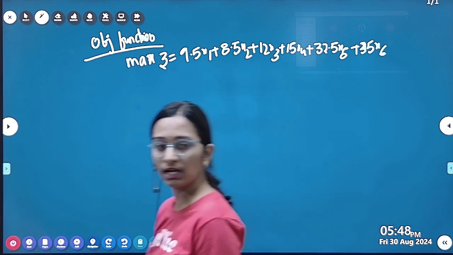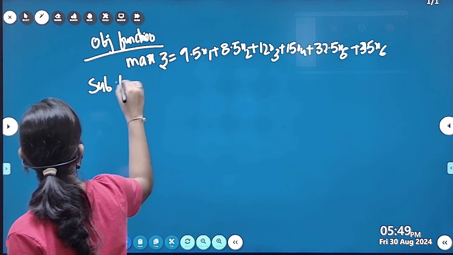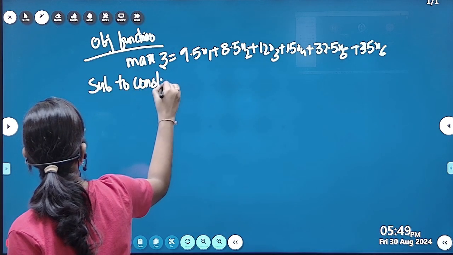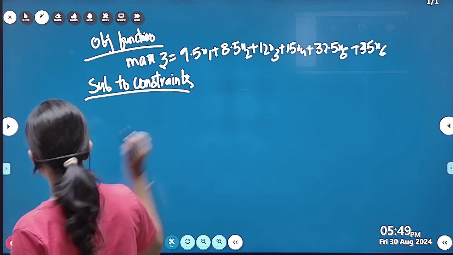The objective of the company is very lengthy. So next, tell me, subject to constraints.